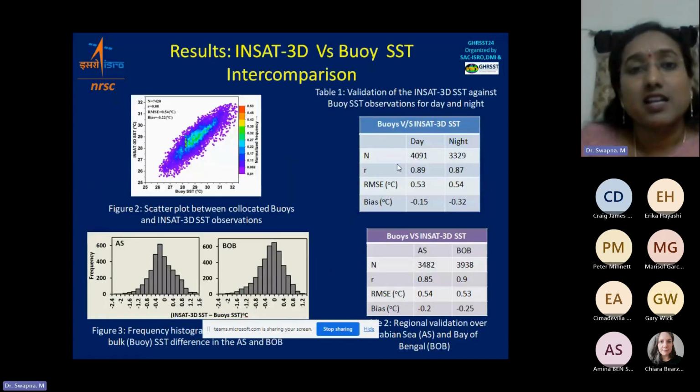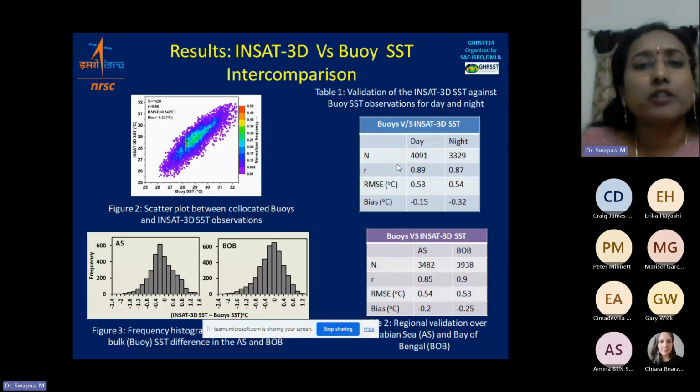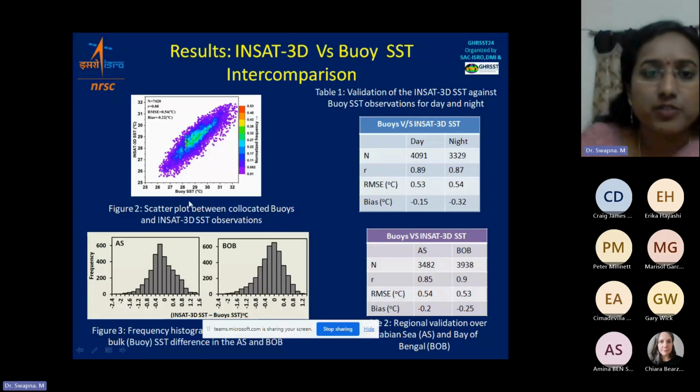Coming to the results, as I told, I have taken 20 months of data from May 2021 to December 2022. That is the latest version of data. If you see the left top figure, it is a scatter plot between the collocated buoy and INSAT-3D SST observations. This is the buoy SST and INSAT-3D SST.